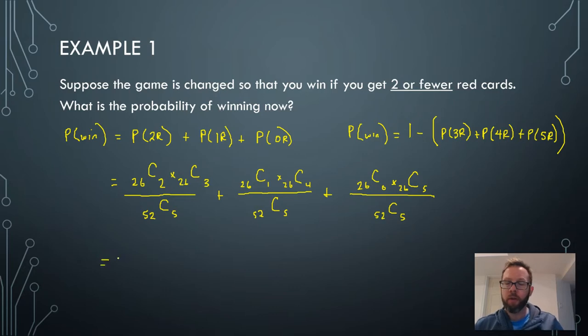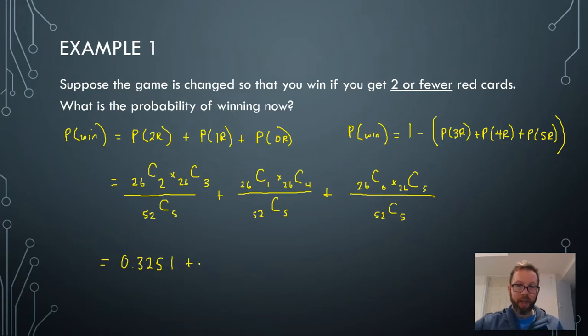For this one, you may want to do each one individually. We got 0.3251 the last time for 2 red cards. My advice would be to do each calculation separately and then add those up. But if you feel comfortable, there's no reason why you couldn't just do everything at once. Let me do things one at a time though.